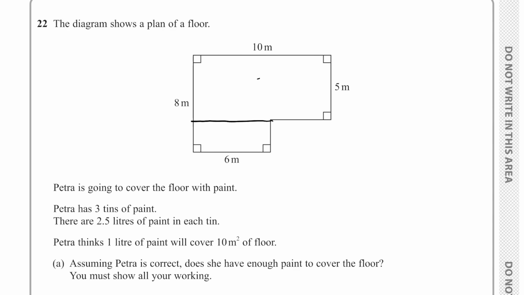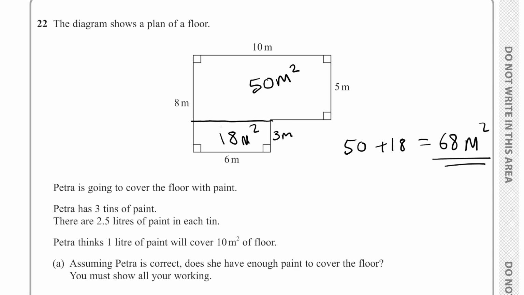5 10s are 50. And we've got 3. So 8 take away 5 is 3. 3 6s are 18. So the total area, 50 plus 18, 68 metres squared. And 1 litre of paint covers 10 metres squared.